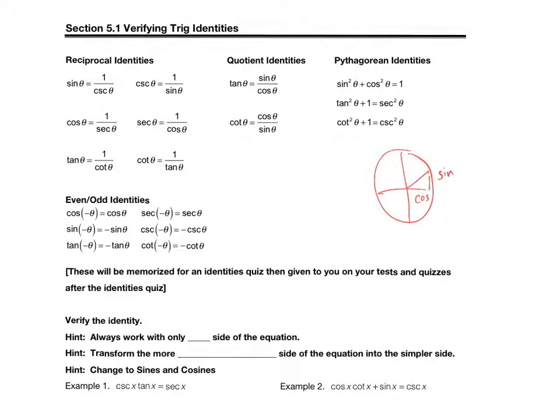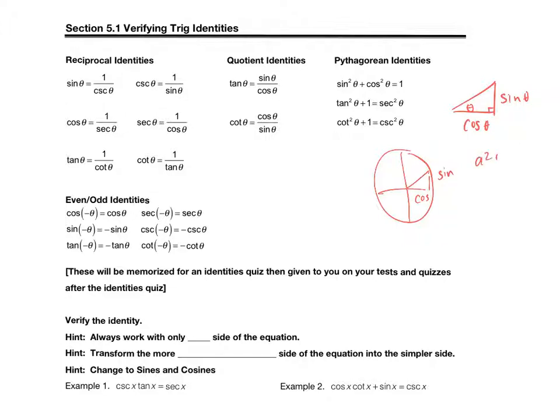And the Pythagorean identities. The first one is the one that, if you can't remember any of the others, you need to know: sine squared theta plus cosine squared theta equals 1. So if I have a right triangle, and this is theta, this side is cosine, and this side is sine, and I know that x squared plus y squared, or a squared plus b squared, equals r squared, or c squared.